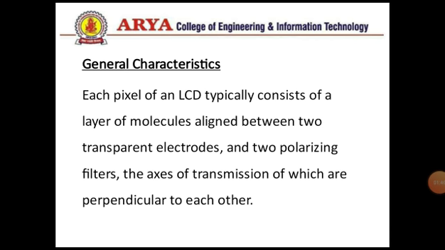The general characteristics of the LCD: each pixel of an LCD typically consists of a layer of molecules aligned between two transparent electrodes and two polarizing filters, the axes of transmission of which are perpendicular to each other. Basically, there are two screens, and in between there is a liquid gel type structure in which the pixels or crystals are arranged.